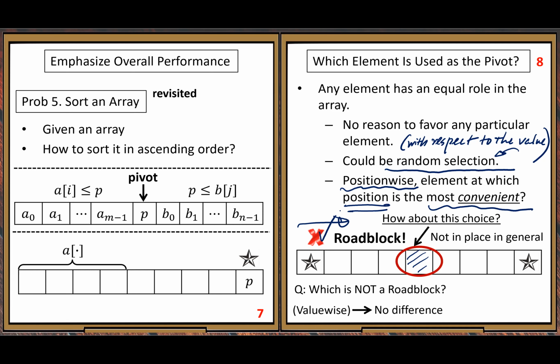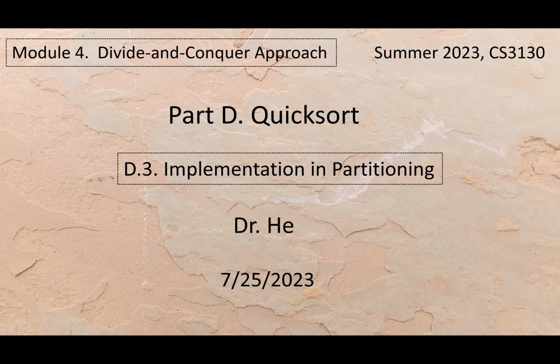So we imagine that after we finish scanning this array, we will get a left subarray A and a right subarray B in this way, definitely satisfying the property: A of I less than or equal to P, and P strictly less than B of J. All right.